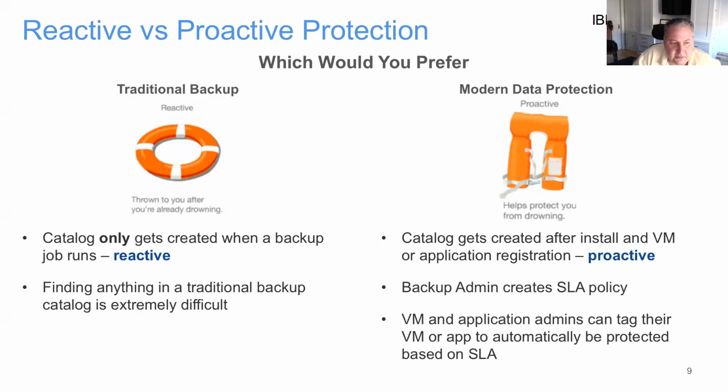If you think about traditional data protection, when you run a backup, that is the only time data gets entered into your backup catalog. So my backup catalog knows nothing about my environment. It just knows about the one task, the backup that I did, and finding anything in that backup when you need to recover it can be very difficult.